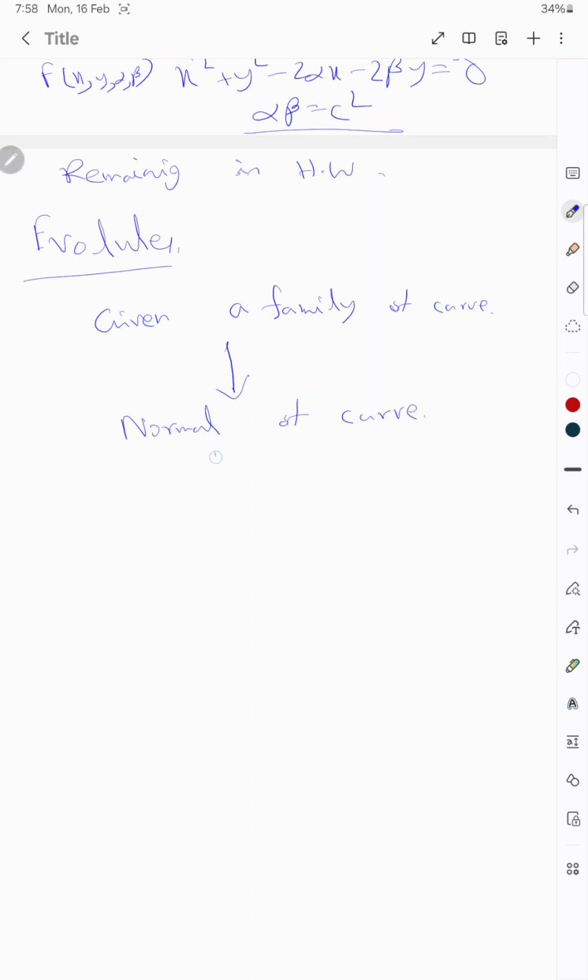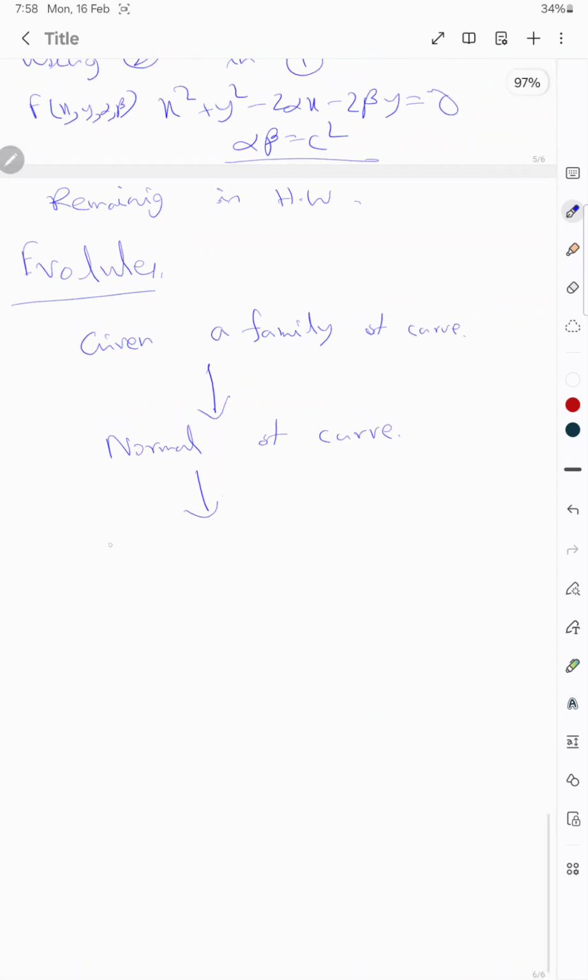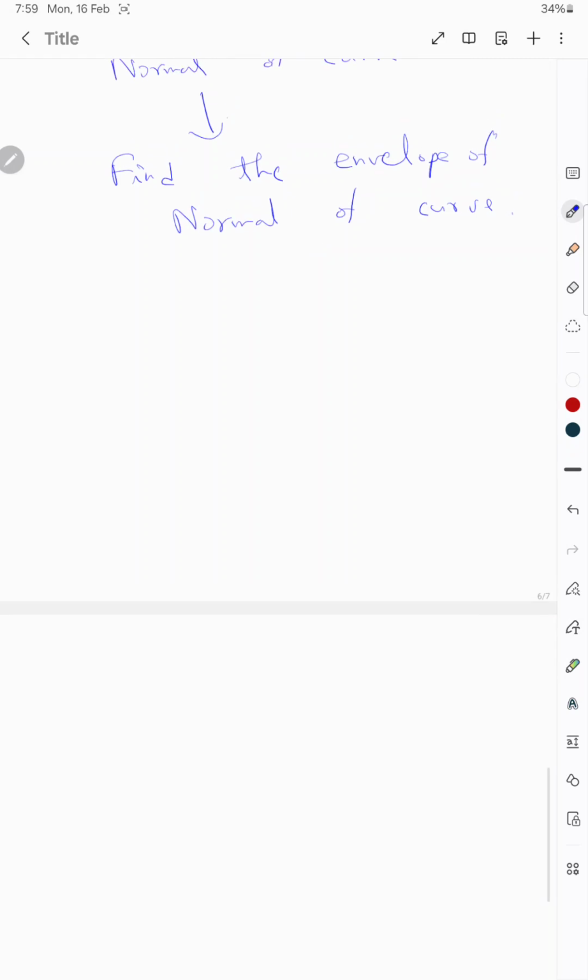After that, find the envelope of the normal of that curve. I will just do one example, that's it. You don't have to do more on this envelope question, but it is just for your own knowledge.